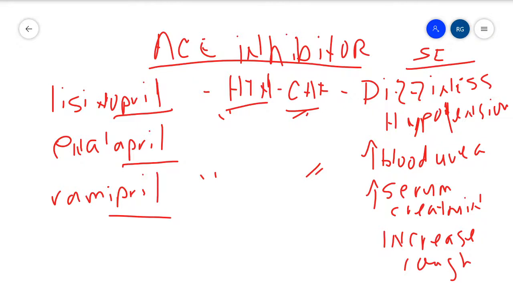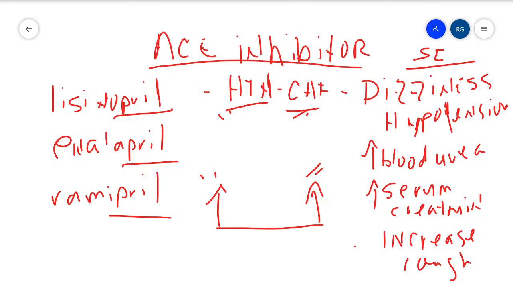Ramipril has hypotension and increased cough. So for the most part, they all have somewhat the same side effects. They do for sure all work for the same thing, congestive heart failure, hypertension, and they all end in PRIL. That's a good way of learning these drugs, okay?